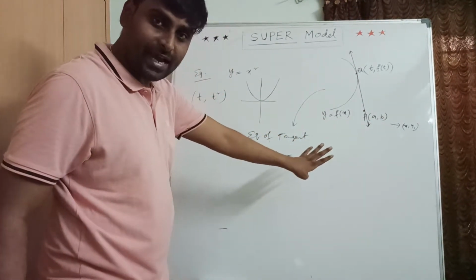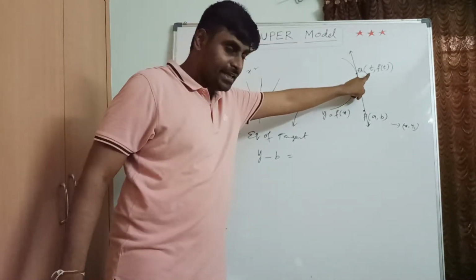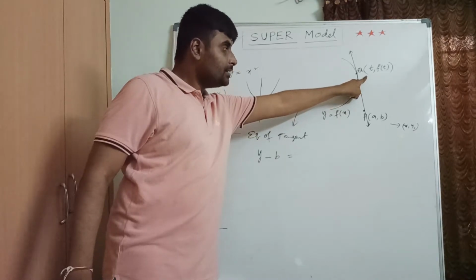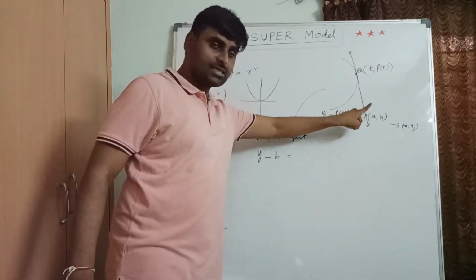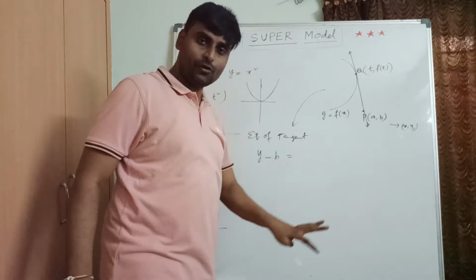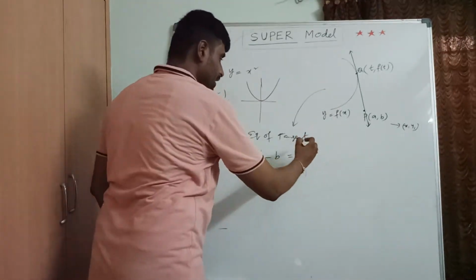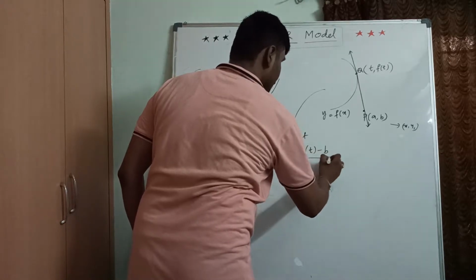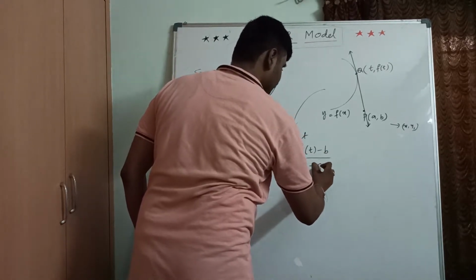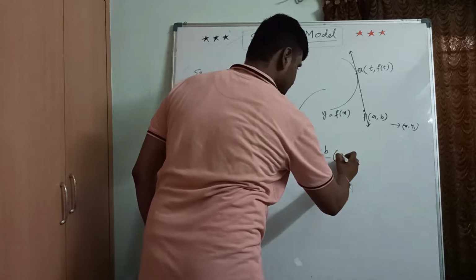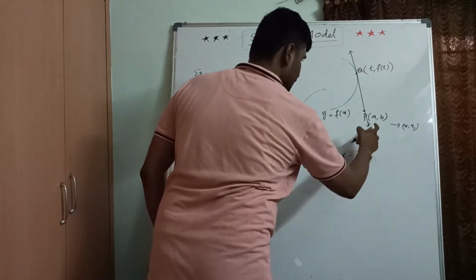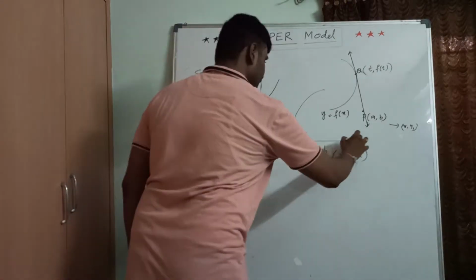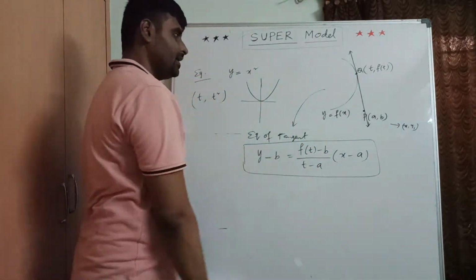That is the slope of the tangent here, because after taking a general point on the curve, we can find the slope of this tangent by using the two-point form. y2 minus y1 is f of t minus b, by x2 minus x1, which is t minus a. Slope into (x minus x1), where x1, y1 is this. Clear? So this will be the equation of tangent.